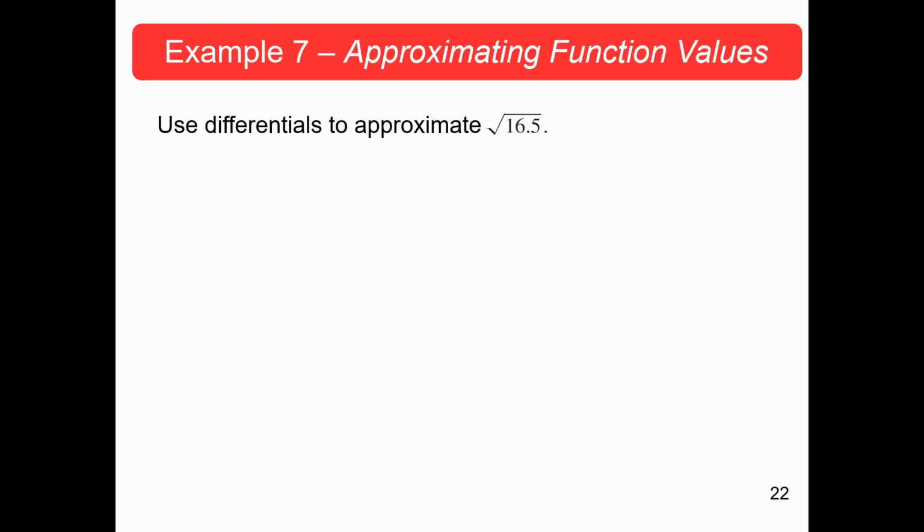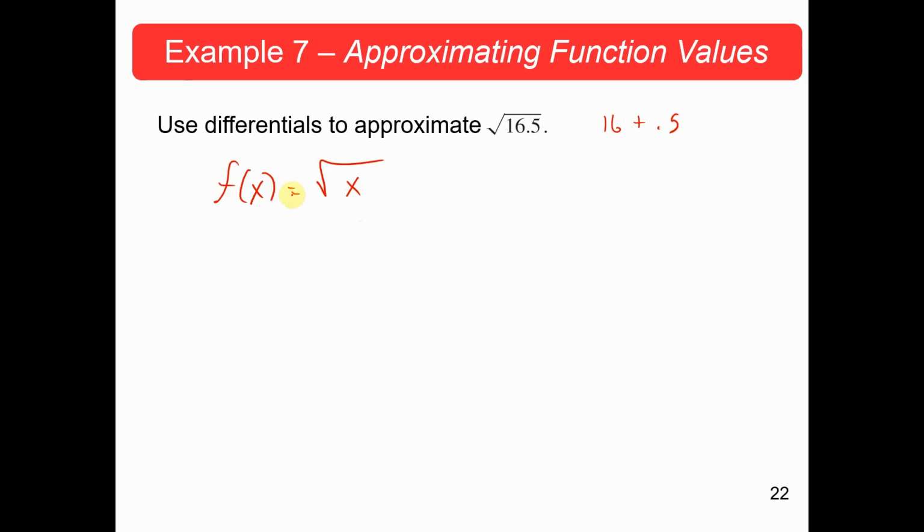So I'm going to use differentials to approximate the value of the square root of 16.5. So here I'm saying f of x equals the square root of x. That's my function, right? Inside of this, I'm going to write that as 16 plus 0.5. Why? Because the square root of 16 is something that I can easily take the square root of, right?